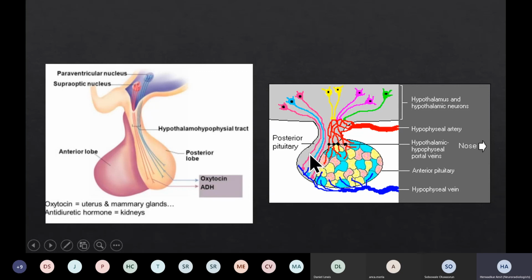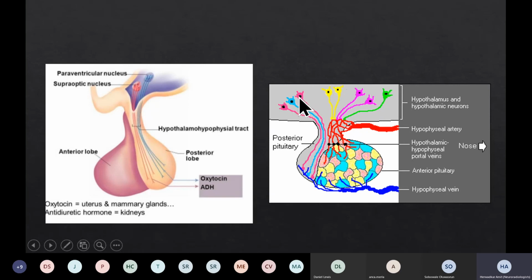The oxytocin and ADH will be released directly into the venous circulation, whilst over here the anterior pituitary is separate from the nerve cell bodies which are situated in the anterior aspect of the hypothalamus. And here you can see the portal venous system of the hypophyseal artery, which acts like a conduit between the neurons in the anterior aspect of the third ventricle and the pituitary gland.